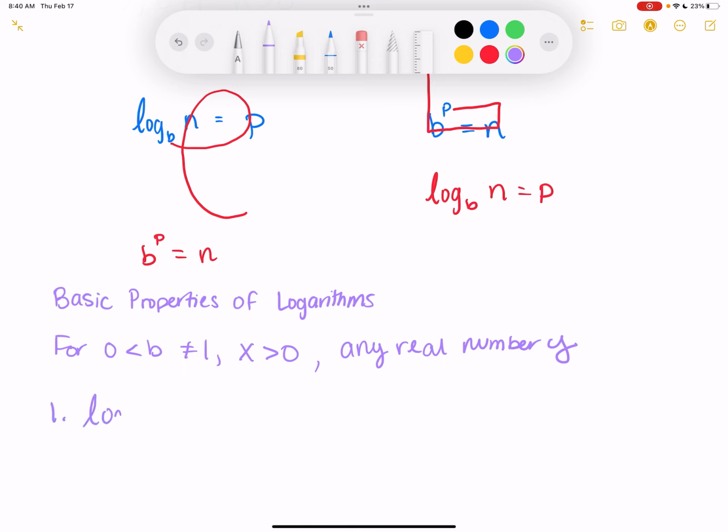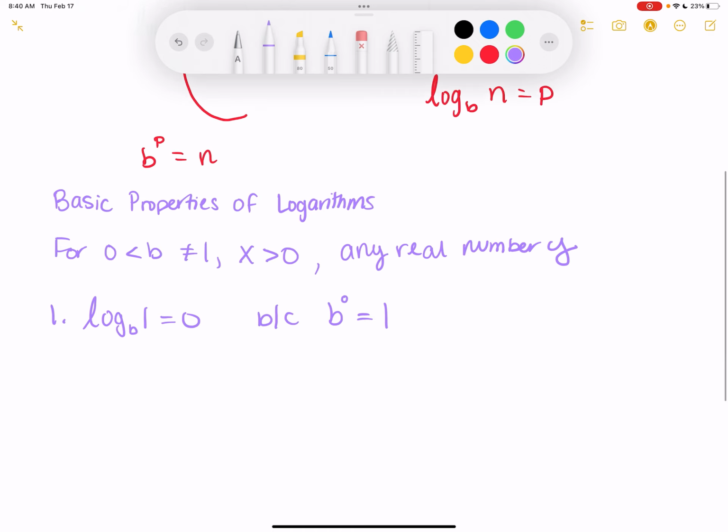One, log base b of 1 is equal to 0 because b to the 0 is equal to 1. Two, log base b of b is equal to 1 because b to the 1 is equal to b.